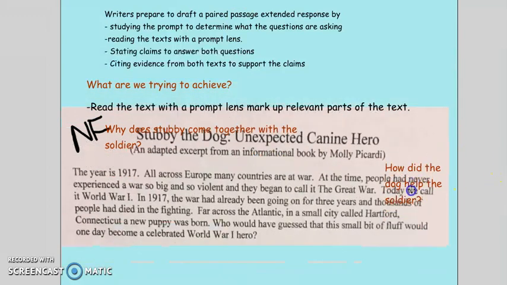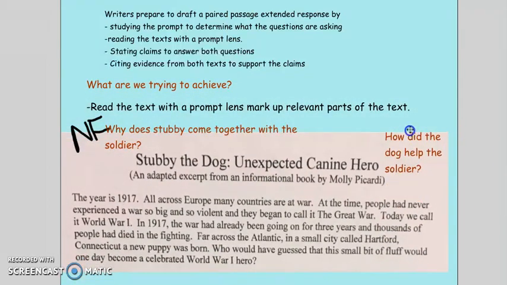And, so move that here, how did the dog help the soldier? And any time that there is a relevant text evidence to any of these questions, a relevant part of the text, I'm going to mark it up. So let's go ahead and get started on our reading.